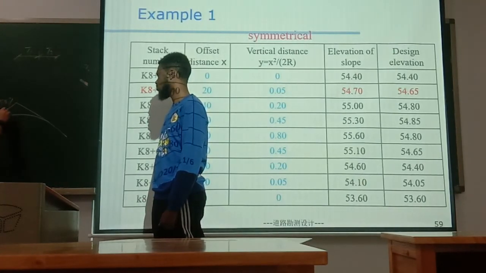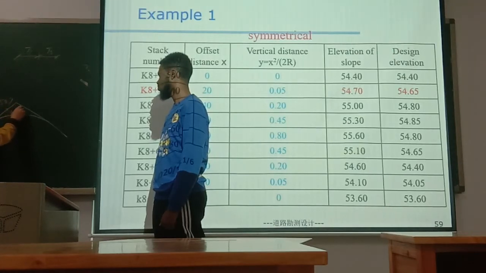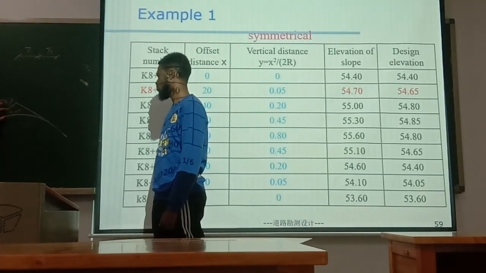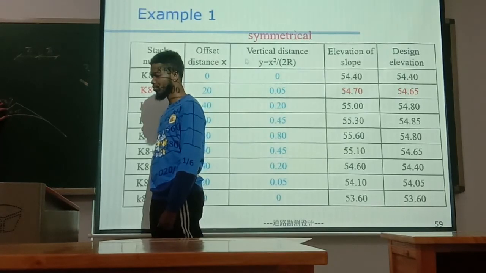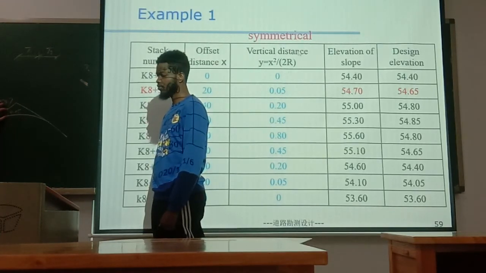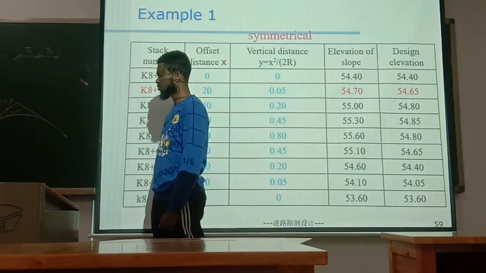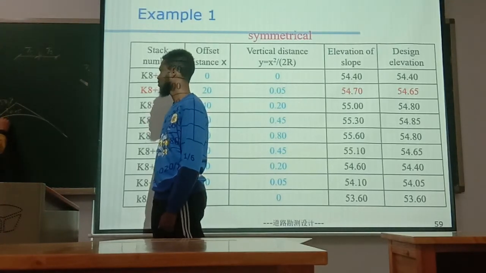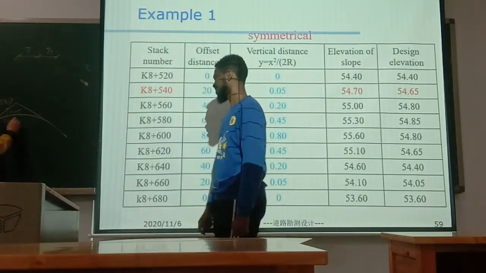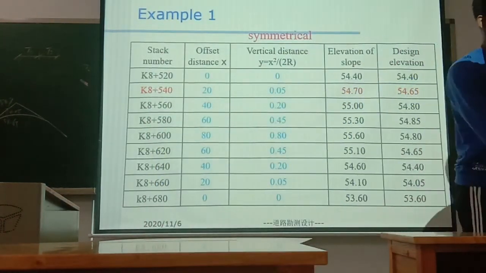Okay. This is the square of x divided by 2r, and this is the design elevation. Understand?